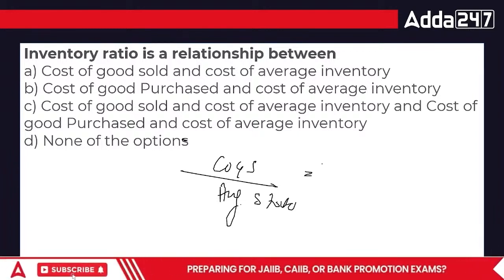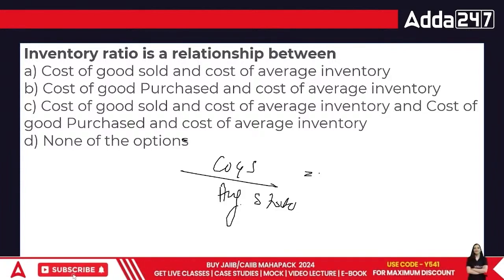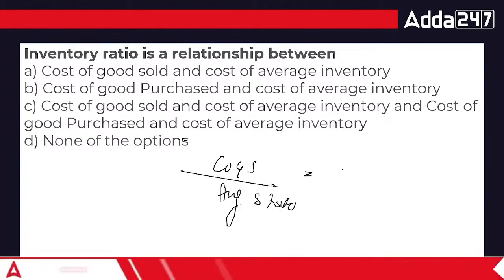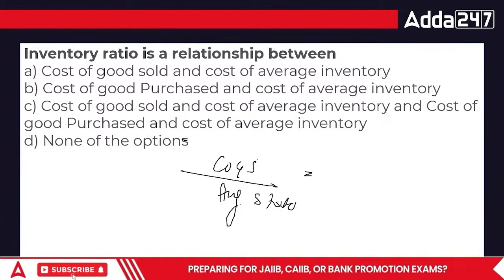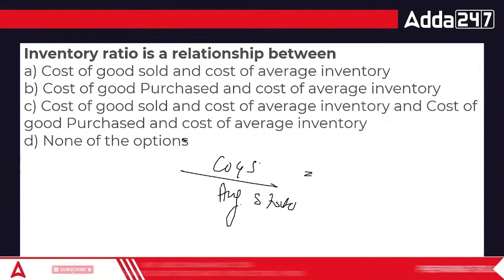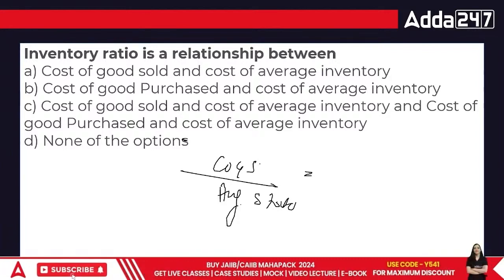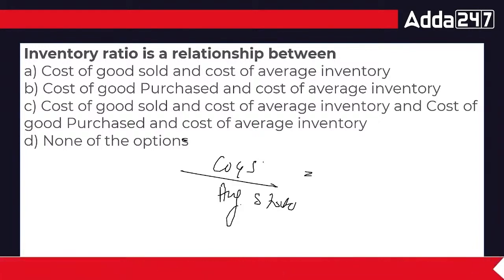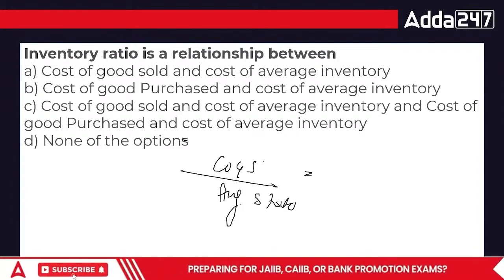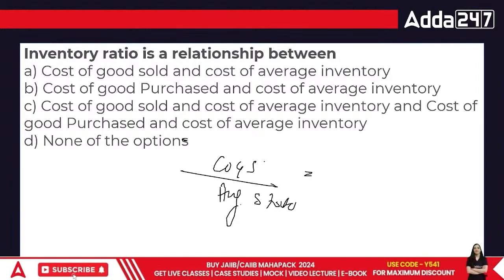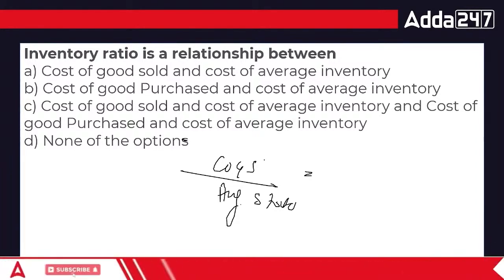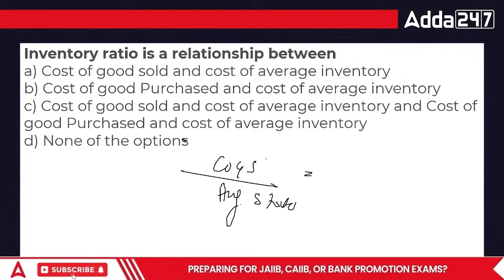This is basically defined as the opening and closing of this part. Technically, inventory turnover ratio is that specific ratio in which we would be looking towards inventories.